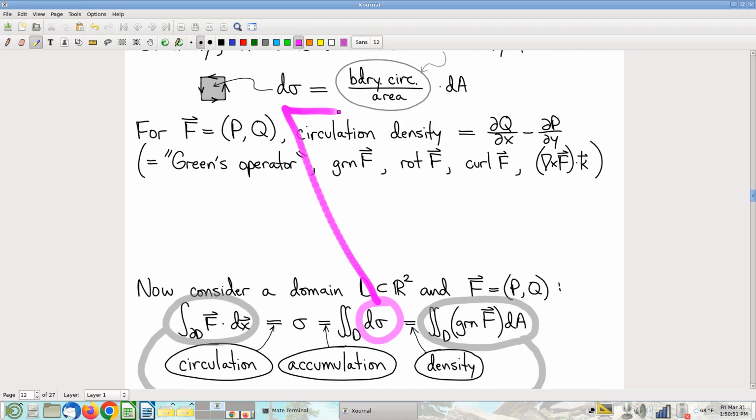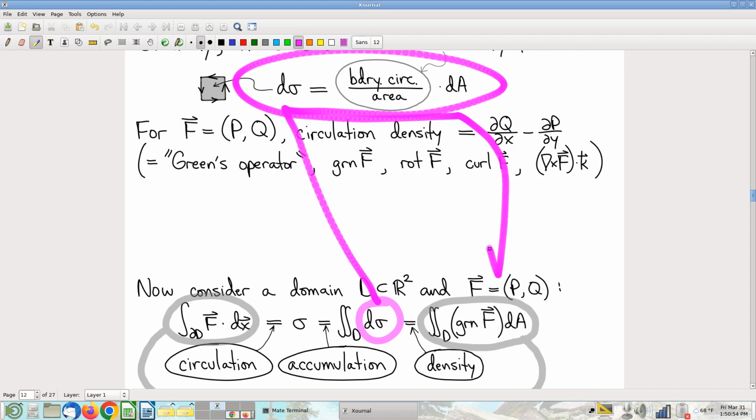D sigma we've written as circulation density times area. Right? In some sense, the streamlining of this statement, you would say circulation density means circulation per unit area.